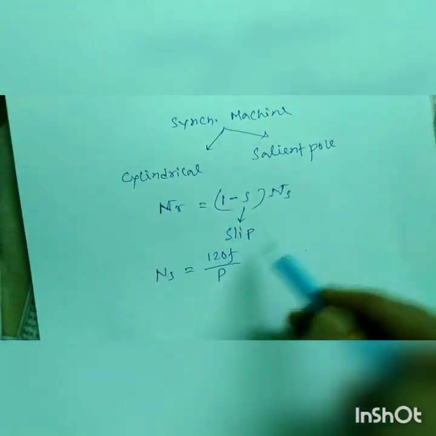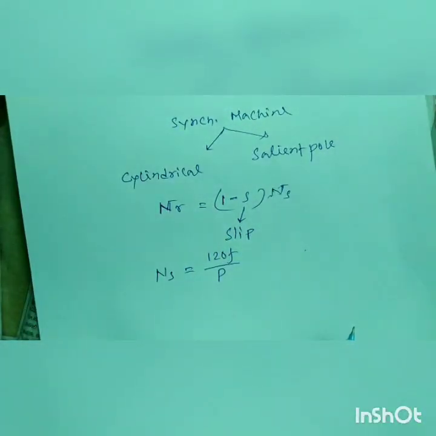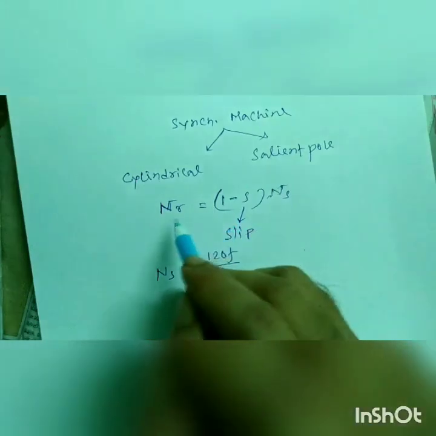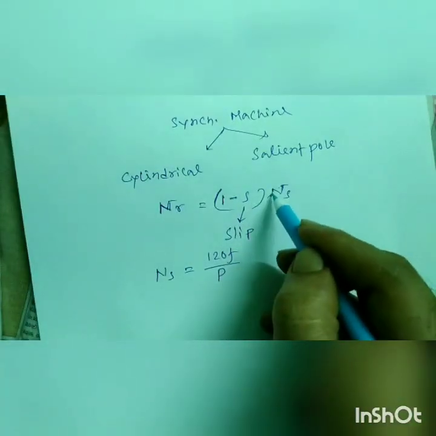For now just remember that Nr is equal to (1 minus S) into Ns.